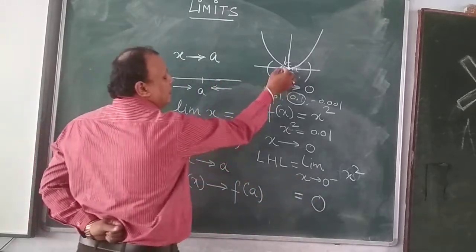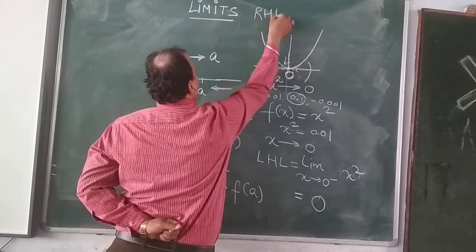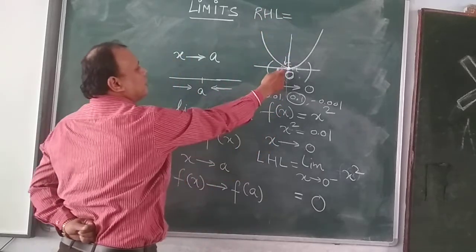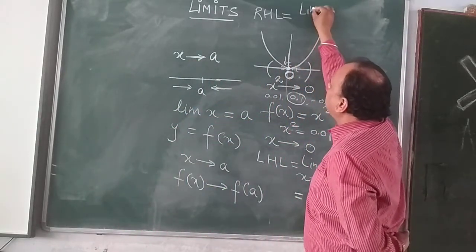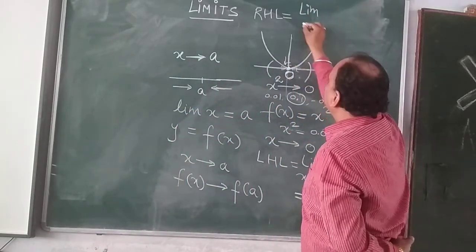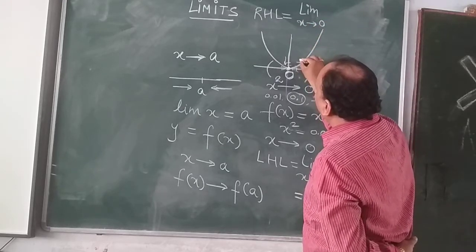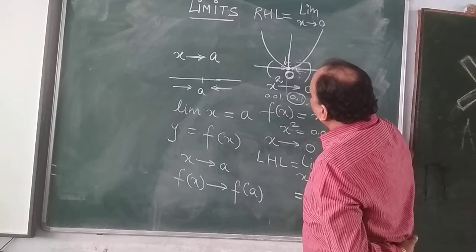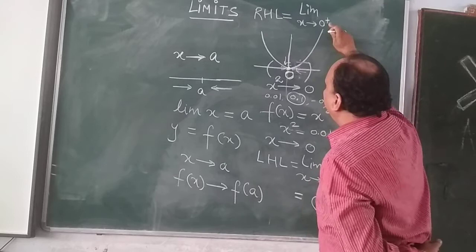In the same way, we consider the right hand limit, RHL, of the function at x equal to 0. Again we will write limit as x tends to 0, but this time we are approaching 0 from the right hand side on the x-axis. So we will write 0 plus.